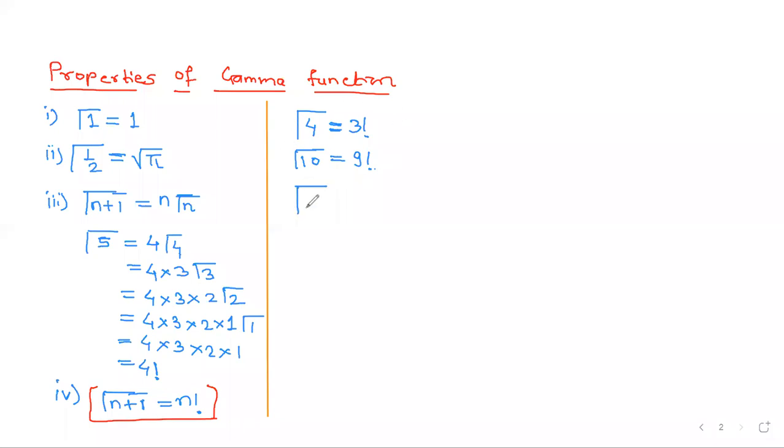But for a rational number, suppose there is a rational number 5/2. So don't write factorial because it is a rational number. So for gamma 5/2, like these rational numbers, use compulsorily gamma n plus 1 is equal to n gamma n.